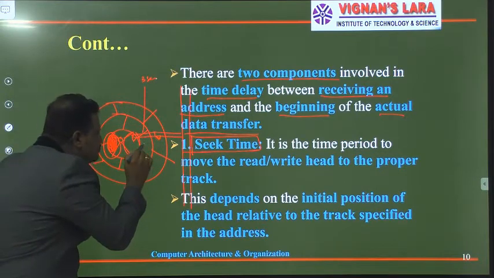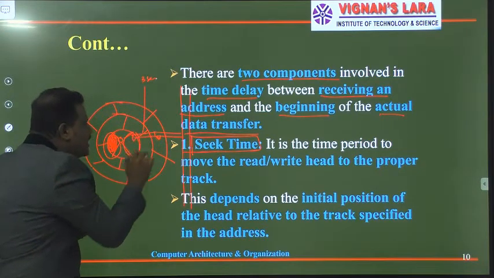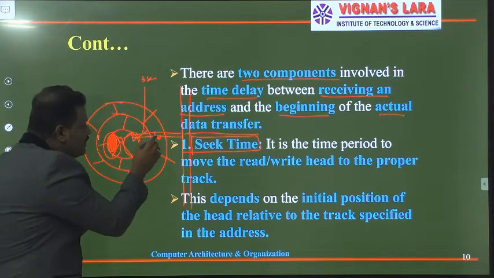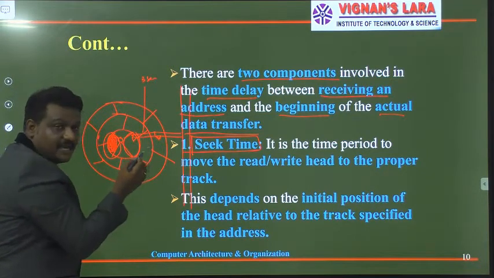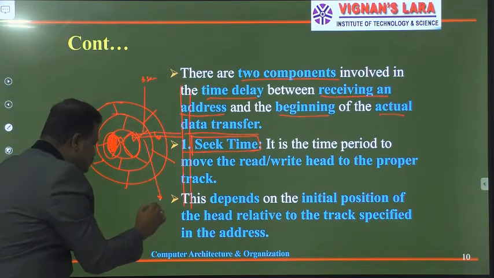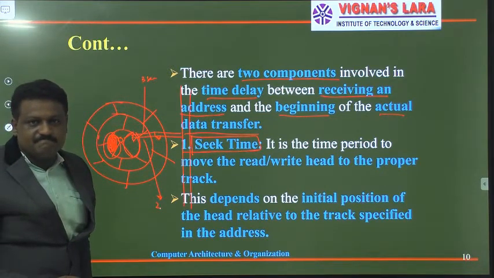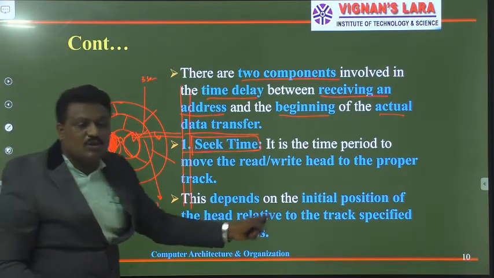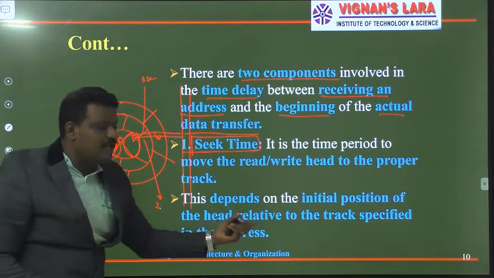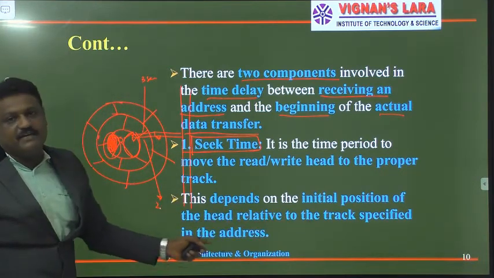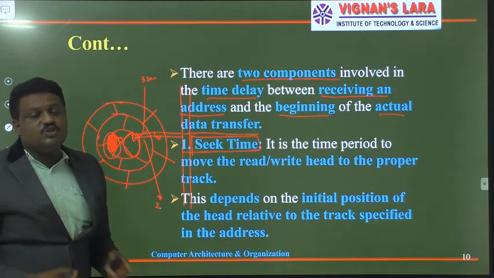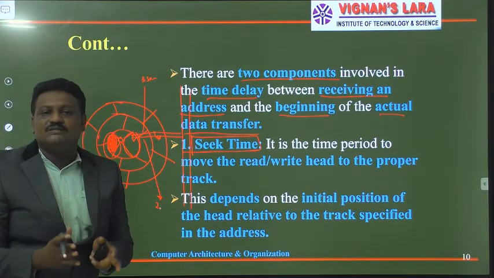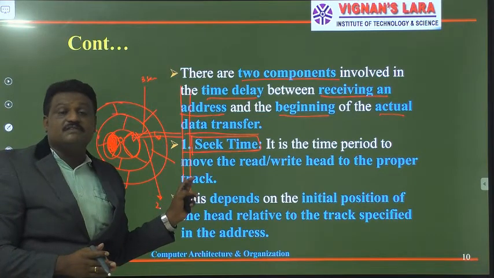If my destination was on this corresponding track, then to move the head from this to this track, it does not take 3 seconds, it takes only some 2 seconds. So we clearly say the seek time depends on the initial position of the head relative to the track specified in the address, so it depends on your destination address.